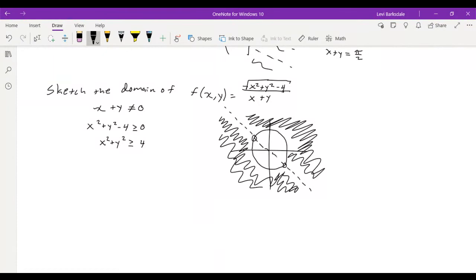In that case, I'm going to go ahead and give you a quick practice problem. Go ahead and try to write a function with the domain shown in this picture that I'm going to draw.